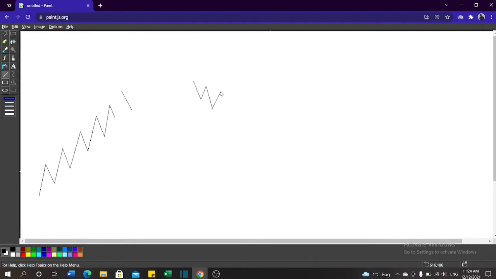So price keeps on forming the same patterns: a lower high, a lower low, a lower high, a lower low, and so on. And this is what you'll be seeing every time in the market during a downtrend. There is an uptrend and there is a downtrend.